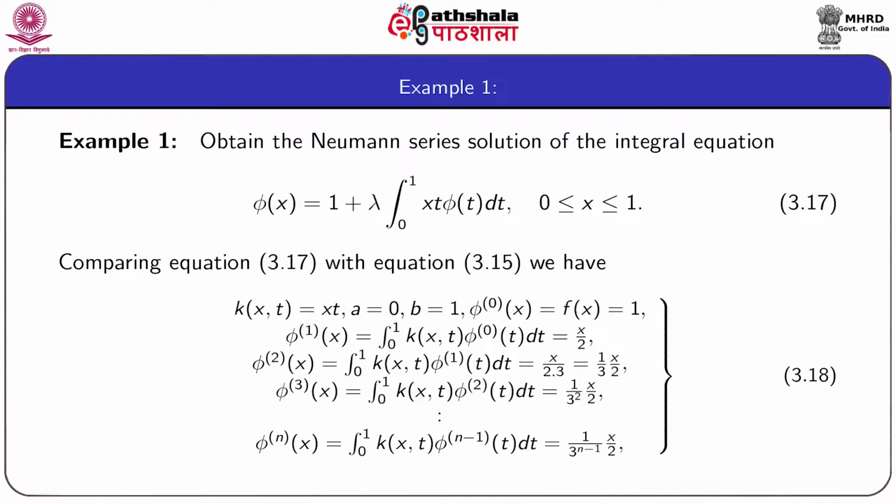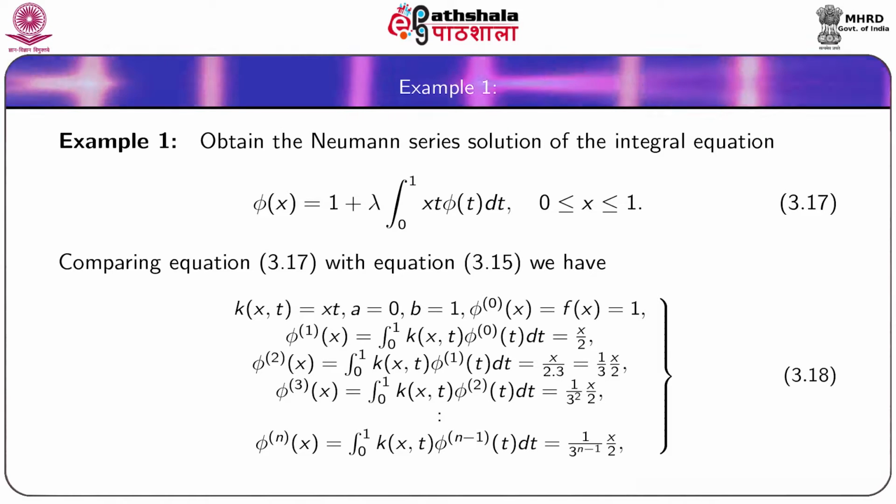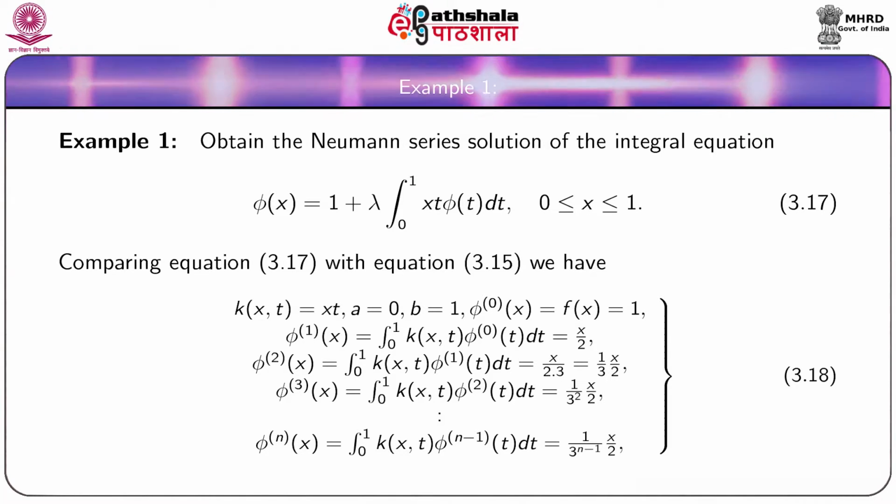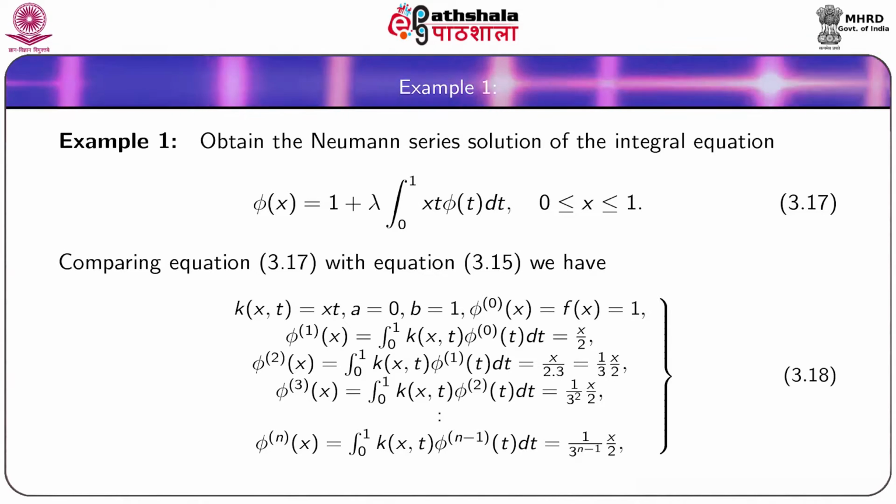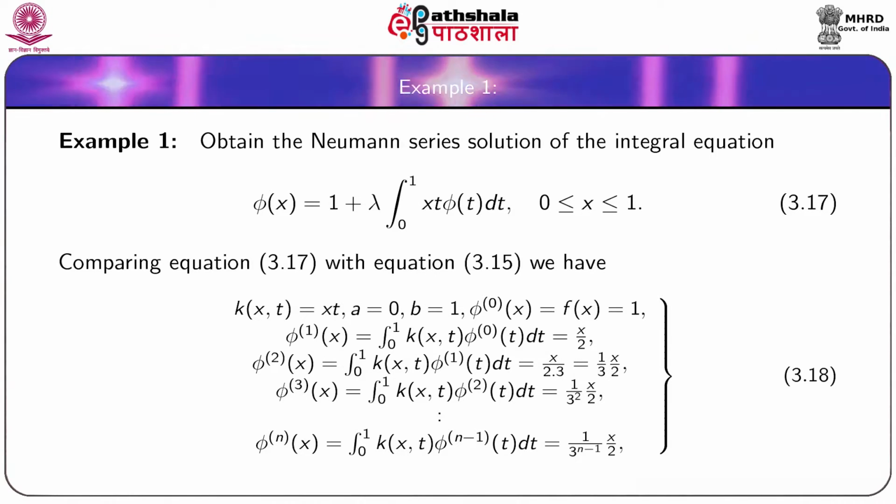Next, we calculate phi superscript 2 of x, given by the integral from 0 to 1 of k(x,t) phi superscript 1 of t dt, and if I substitute the value of phi superscript 1 of t, then after simplification I get phi superscript 2 of x equal to 1/3 into x by 2.